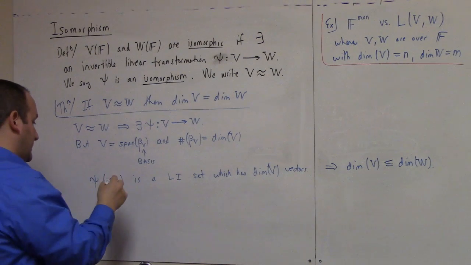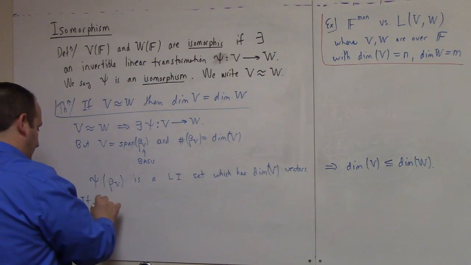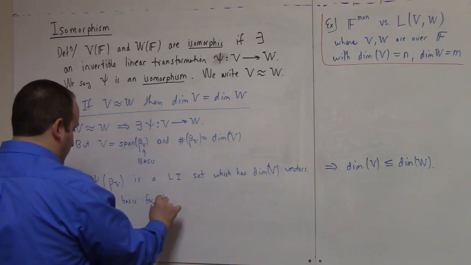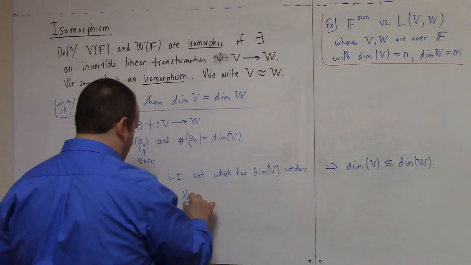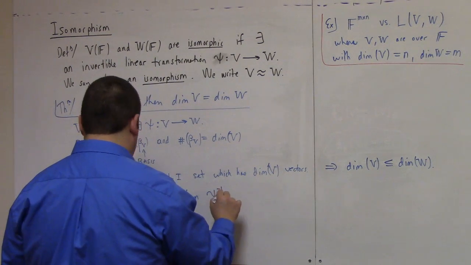But on the other hand, we can also look at beta sub W, a basis for W, and we can use the inverse mapping, which is also a linear transformation.